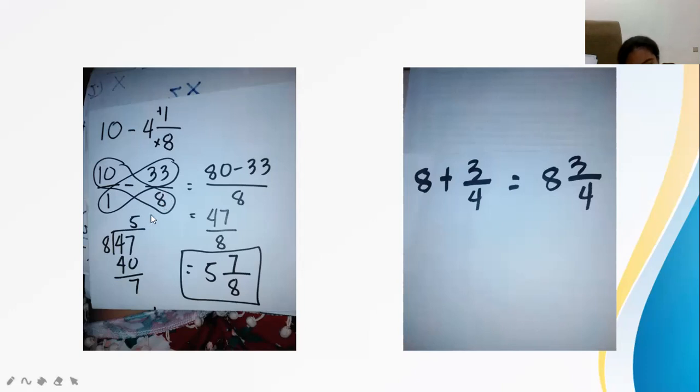So proceed to the butterfly method or cross multiplication. 10 times 8 is 80. 33 times 1 is 33. Then 8 times 1 is 8. That's why our denominator is 8. So 80 minus 33 is 47 over 8. So we have 47 divided by 8 is 5. 5 times 8 is 40. Then minus, 7 is left. So we have 5 and 7 over 8. So that's all.